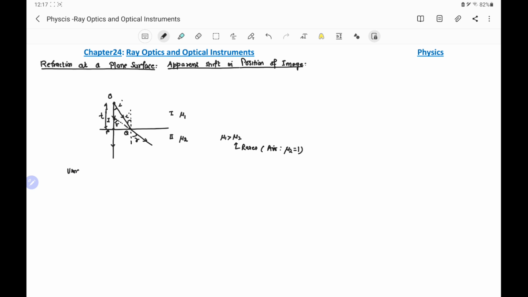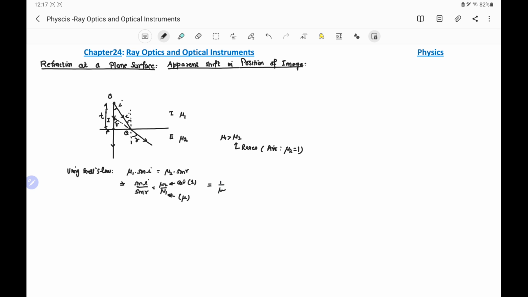Using Snell's law, we can write mu1 into sin I equals mu2 into sin R. This implies that sin I by sin R equals mu2 by mu1. If we consider that mu2 is air, its refractive index is 1, and this is the denser medium, so we can call it mu because now it does not require the suffix. Therefore, we can write it as 1 by mu.